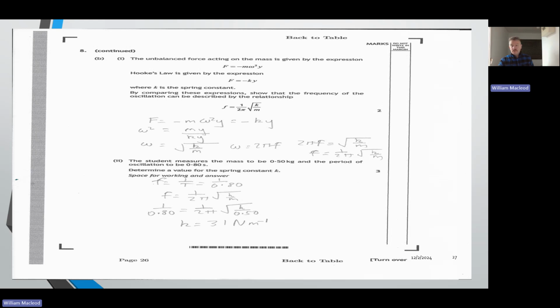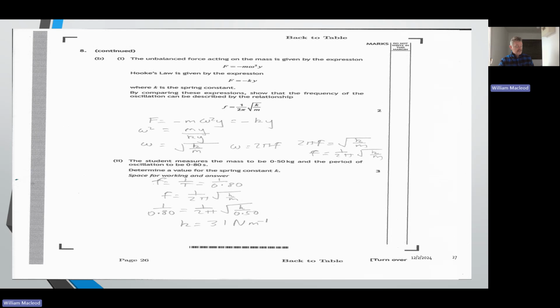You also know that the angular frequency omega is 2 pi f, isn't it? So you can combine that with that equation there, and you do a little bit of algebra on it, and you end up with the frequency is equal to 1 over 2 pi multiplied by the square root of k over m. So that's the expression that we were told to find. So we can do it.